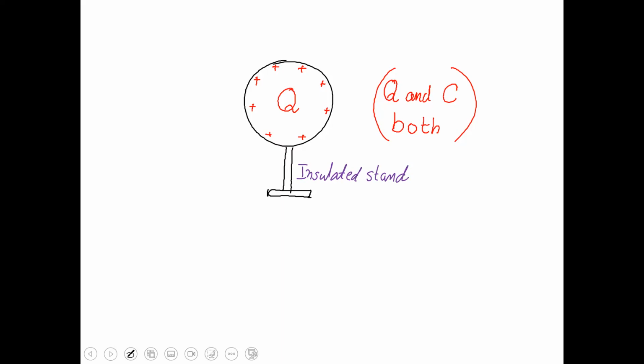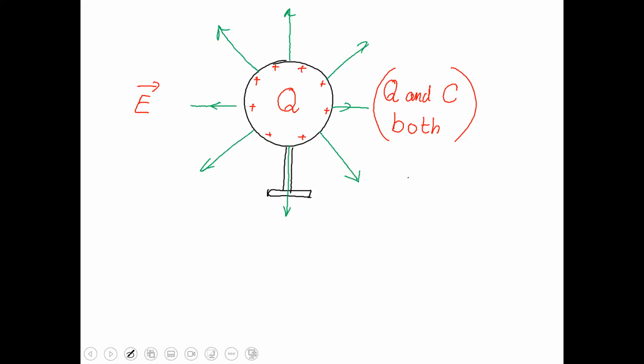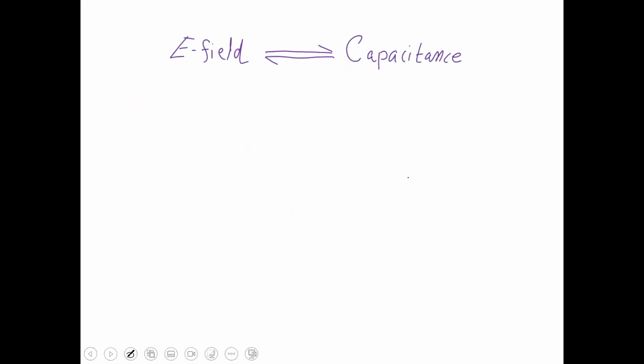Now, when you charge the sphere, what will happen? It will produce an electric field, but you can see it is holding the charge also. Now, what is the concept? If you charge something it becomes a capacitor, and if you make something a capacitor it will acquire an electric field. Capacitance produces electric field and electric field produces capacitance.